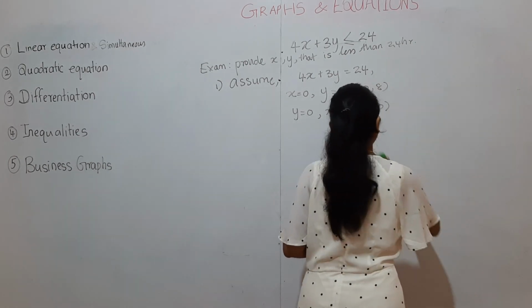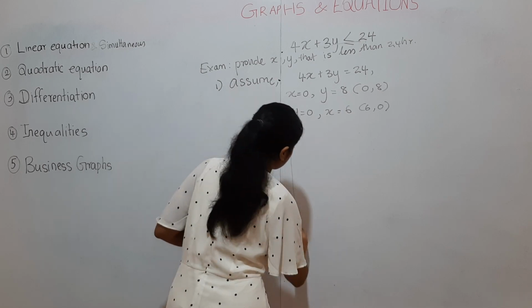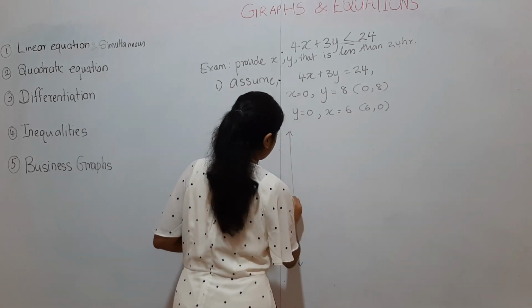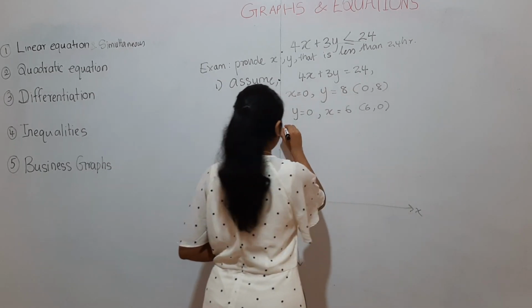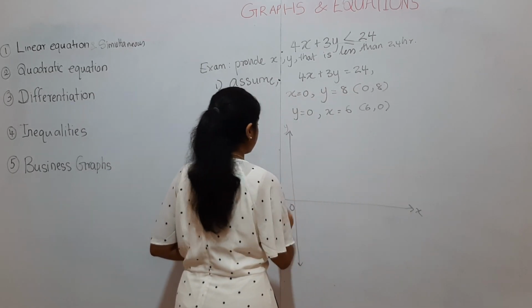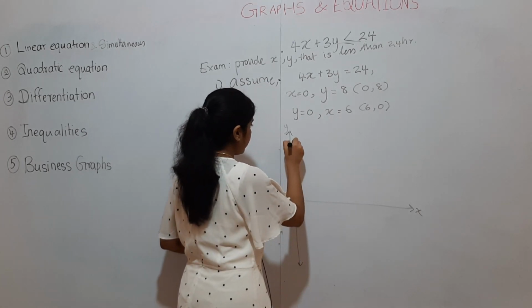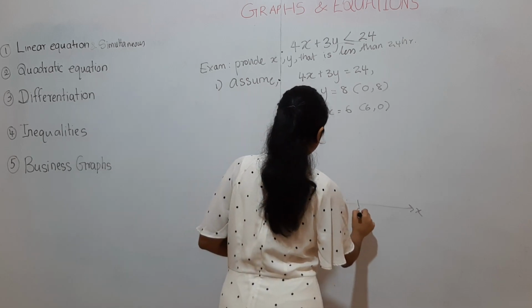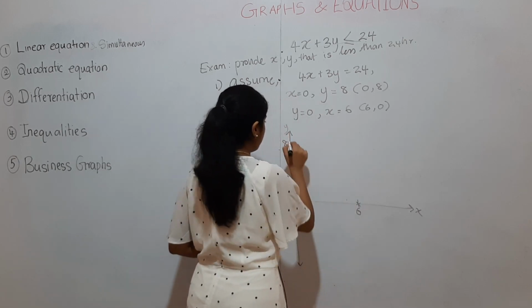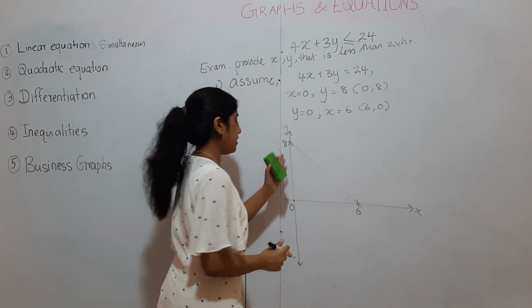Let me draw it below. When x is 0, y is 8. When y is 0, x is 6. These 2 points give a straight line.